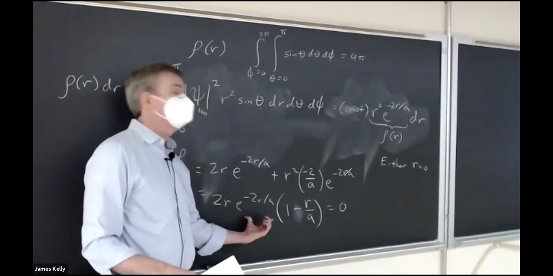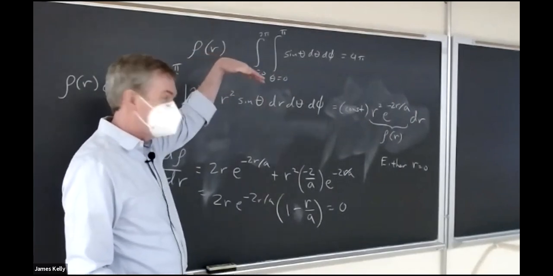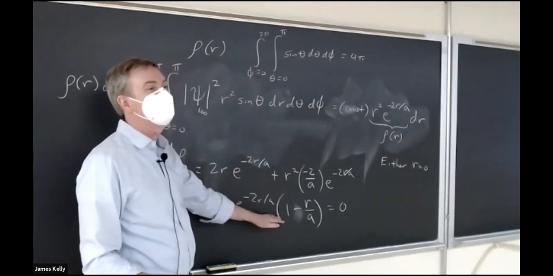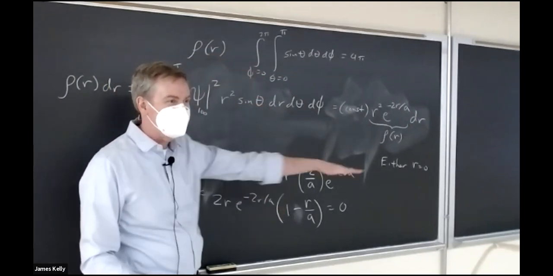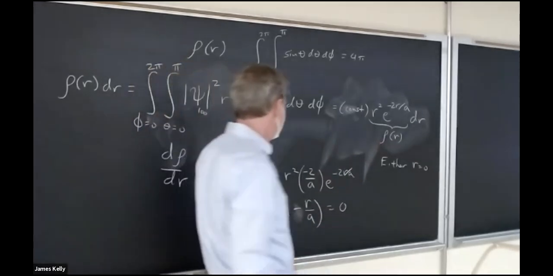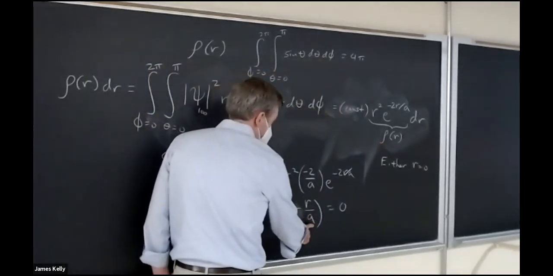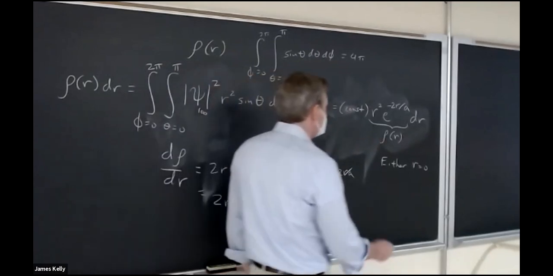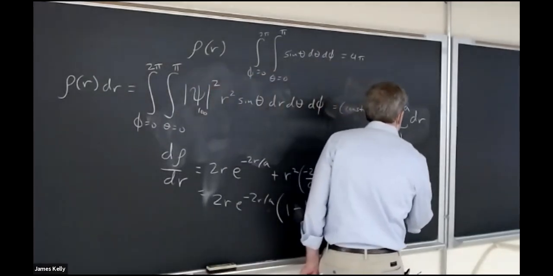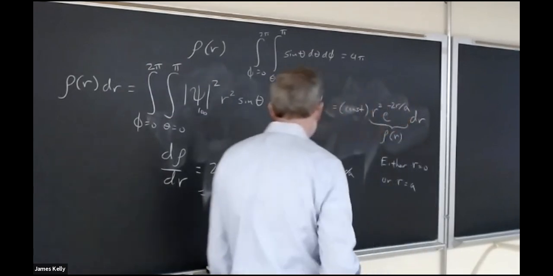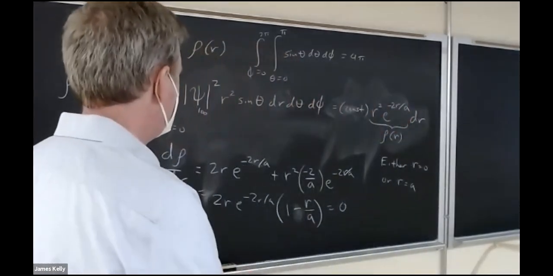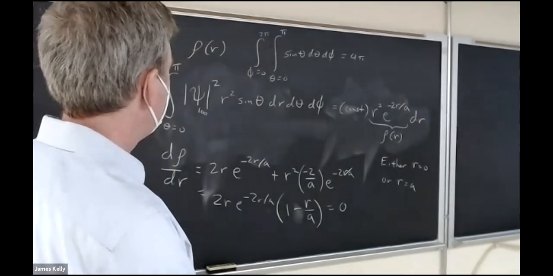Nowhere, because r has to be positive, right? In any case, exponential functions are never 0. They never cross the axis. It only gets closer and closer, but never crosses it. So this can't be 0. And this is 0 at r equals a. If I set that thing in parentheses equal to 0, I get r equals a.